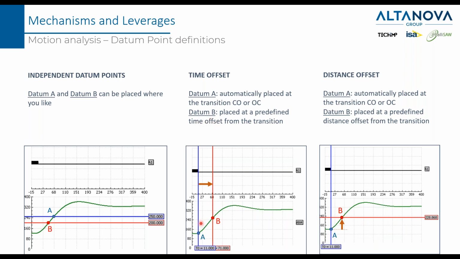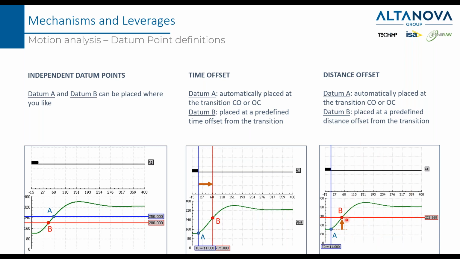So for example, you can say, I want to measure the speed always using a point that comes 20 milliseconds after the transition close to open, just to have the possibility to place a datum point applying always the same condition in order to have results that you can compare.